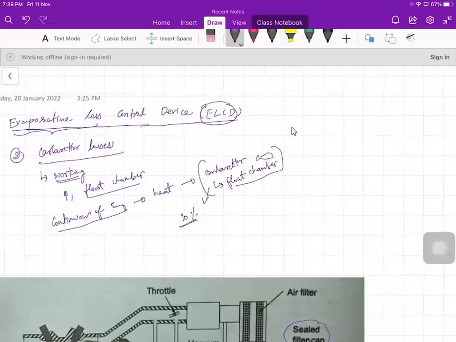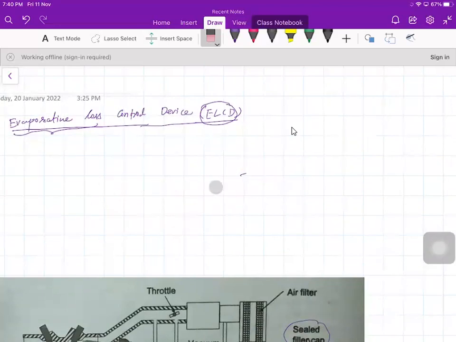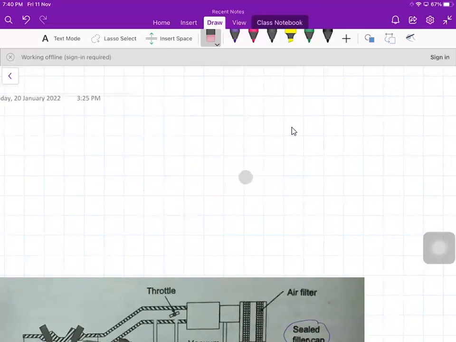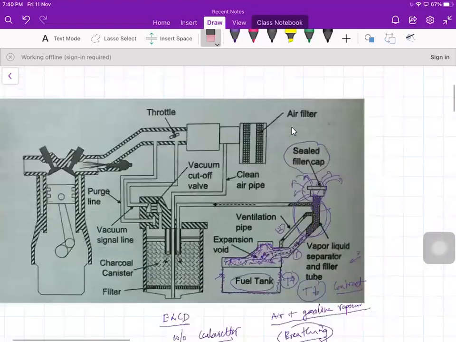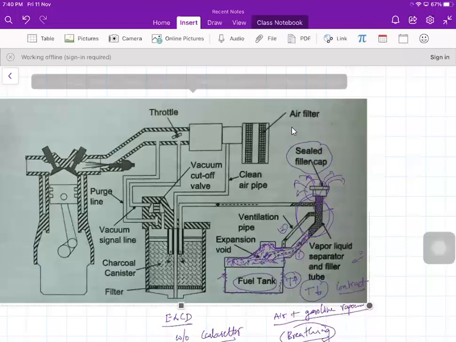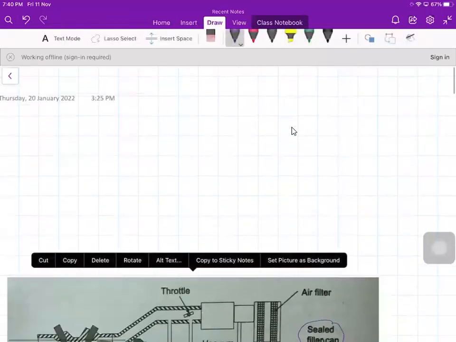Now we have seen two major sources: fuel tank losses and carburetor losses. But these are the sources, and now we will see in what ways the fuel is escaping from these sources.